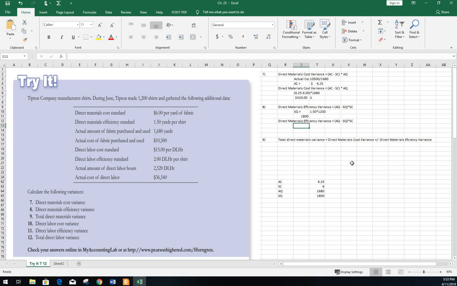AQ is 1680 minus 1,800, multiplied times the standard cost, $6. I'll put that in parentheses just to make it clear.